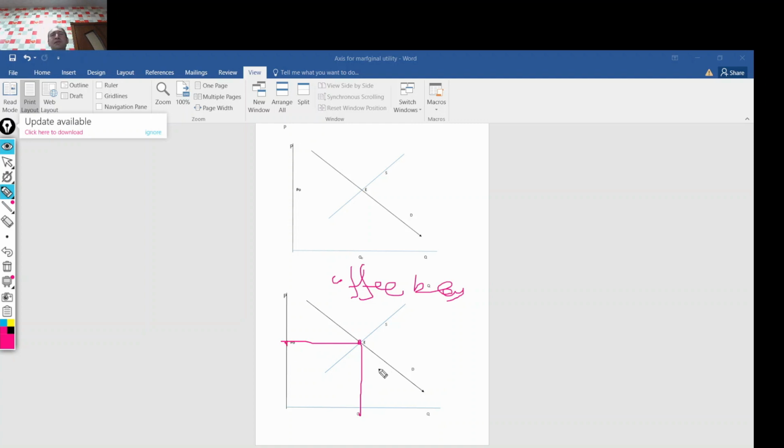Now something happens, drought happens. Does it happen to the demand curve or the supply curve? Drought kills the beans grown by producers, the suppliers. So obviously the supply side of the market is affected. There's less supply for every price.